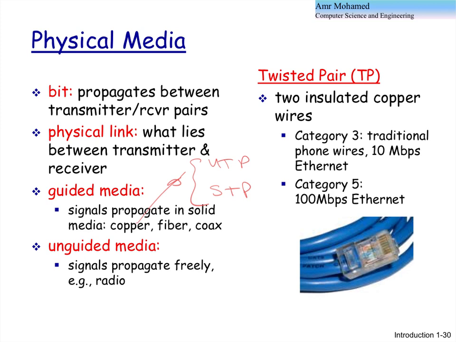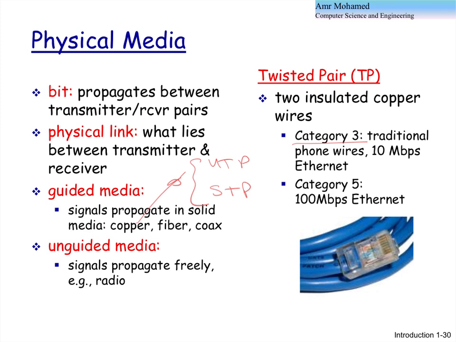So the idea of twisted pair is that you have multiple small or very thin wires which are twisted together. Like phone cables or Ethernet cables. So phone cables use what we call Cat3. Usually it's only 4 wires, each 2 are twisted together.